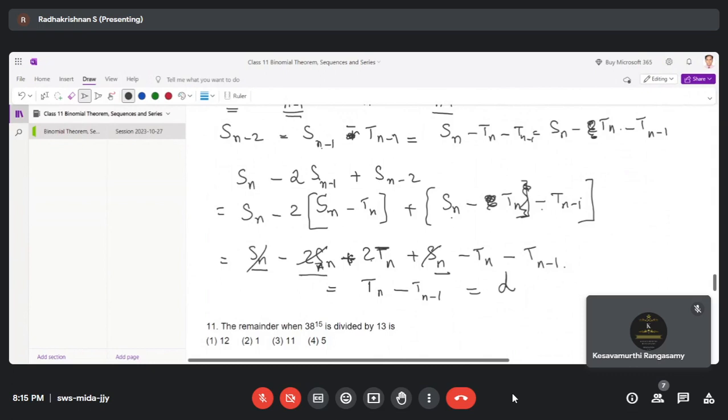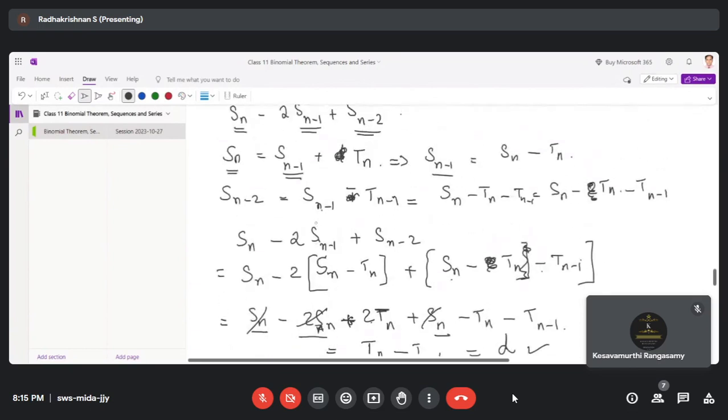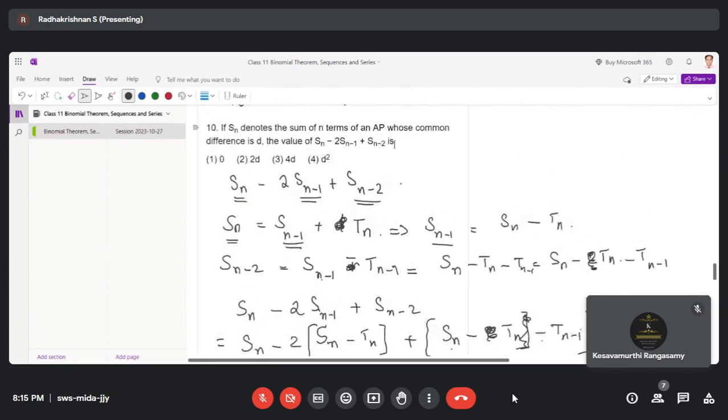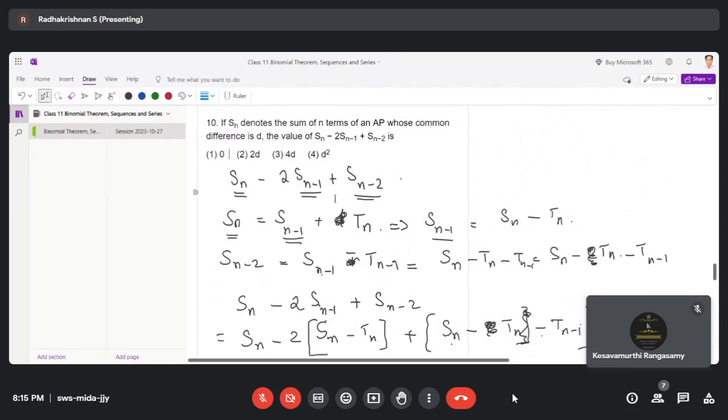So Sn minus 2Sn plus 2Tn plus Sn minus Tn minus Tn minus 1. So the Sn's get cancelled and Tn minus 1 is what remains, which is D. I think one of the options there must have a typo. The first option is D, sir, in our textbook. I think it would be D instead of D squared. Otherwise maybe the first option was D and typed as 0.